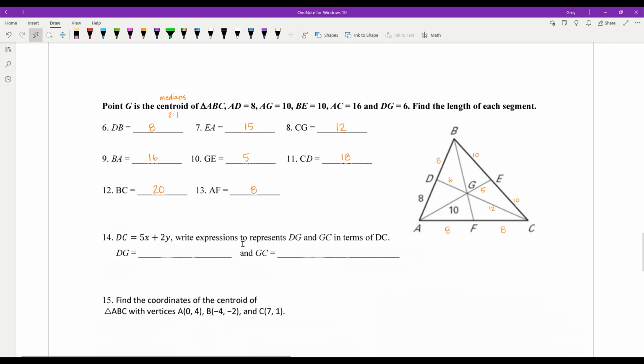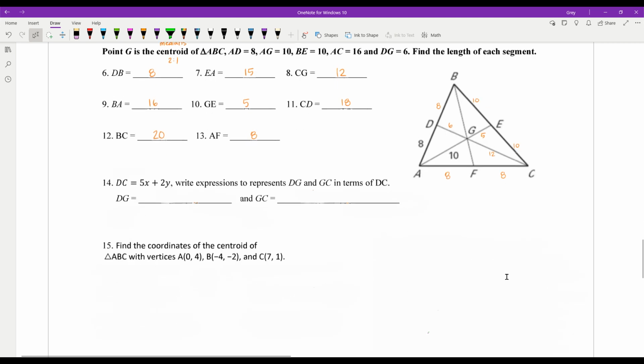Okay, number 14 still deals with the same picture. It says DC is 5x plus 2y. Write an expression to represent DG and GC. So they don't want numbers, they want an expression in terms of this here. DG is the smaller part and GC is the big part of the median.